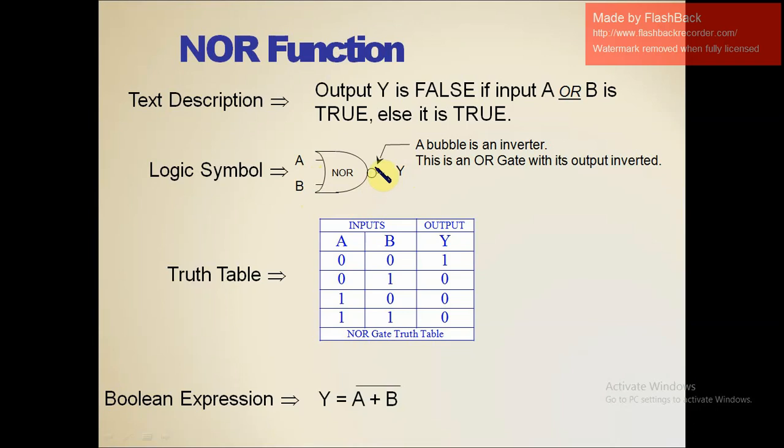This bubble is an inverter for the output inversion. Check here: when a true value is present, the output will be false. When the two inputs are both false, only in that case it generates a true value. The remaining times it is false. In Boolean expression it is written Y equals A plus B, whole bar.